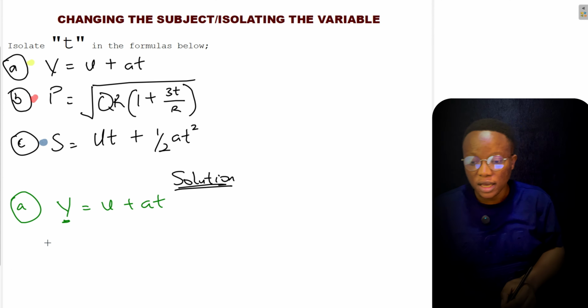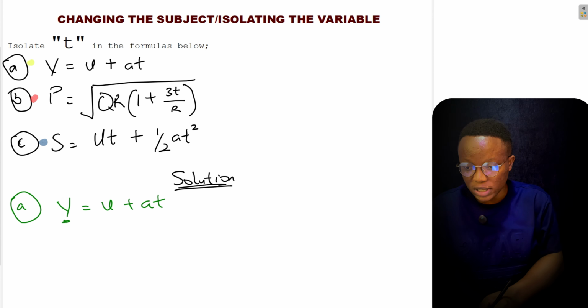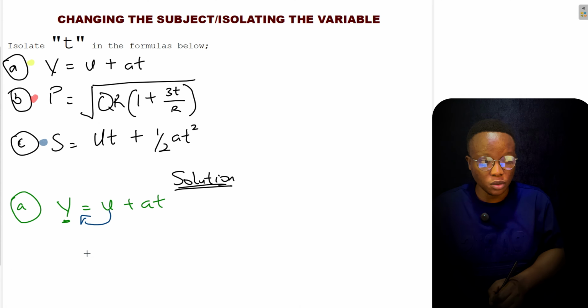Do you get that? So what are we going to do? What do we do first? This is quite easy. We are trying to isolate t. So we're going to bring this to the other side, and it becomes negative. So we have v minus u is equal to at.